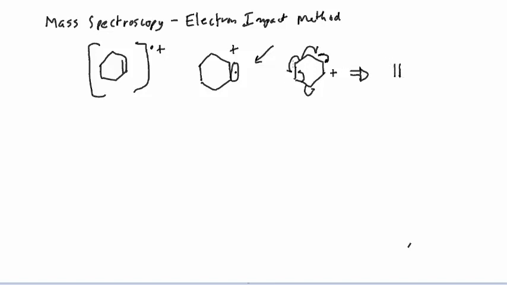Over here, we basically have ethene, a neutral molecule, and then the other fragment is a radical cation, which I now want to draw like this.